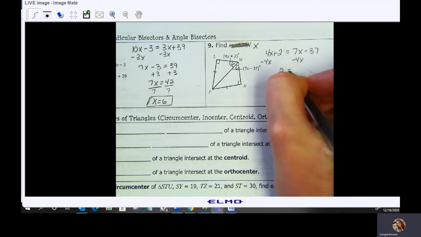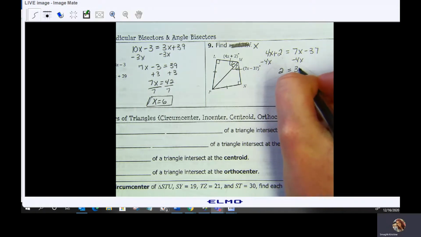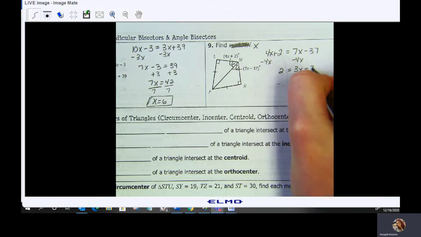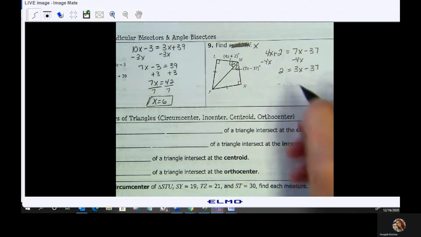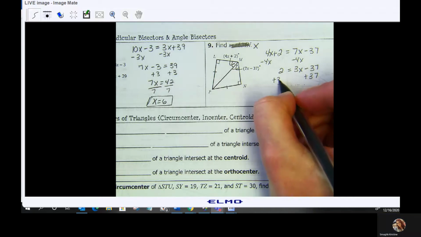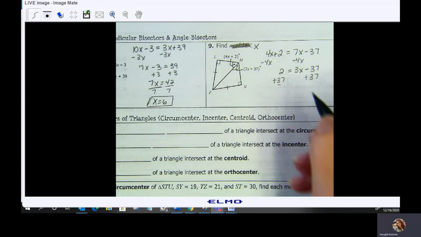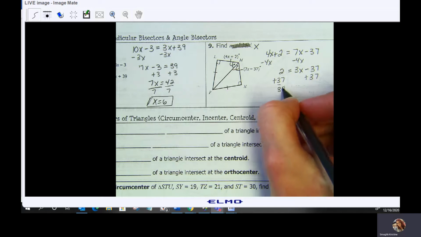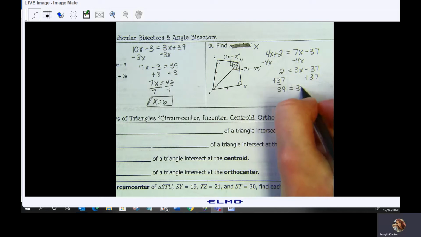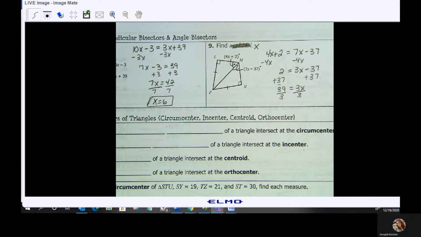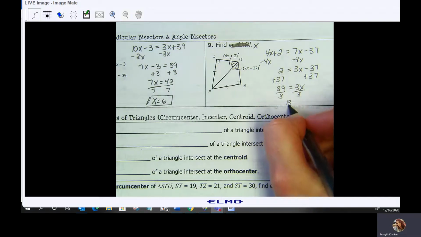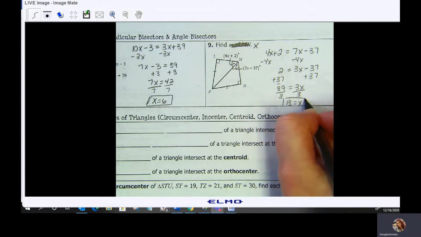And we get 2 equals 3x minus 37. Let's add 37 to both sides. And 37 plus 2 is 39 equals 3x. Divide out the 3 and we get 13 equals x.